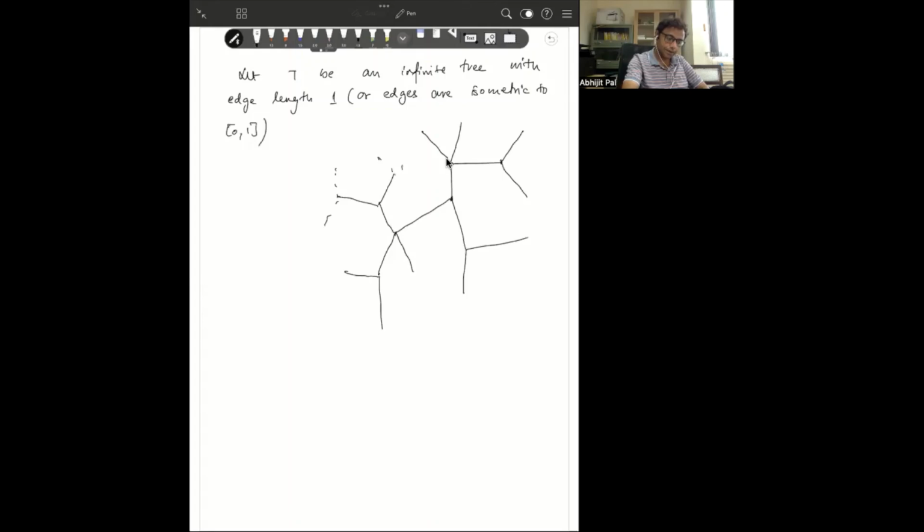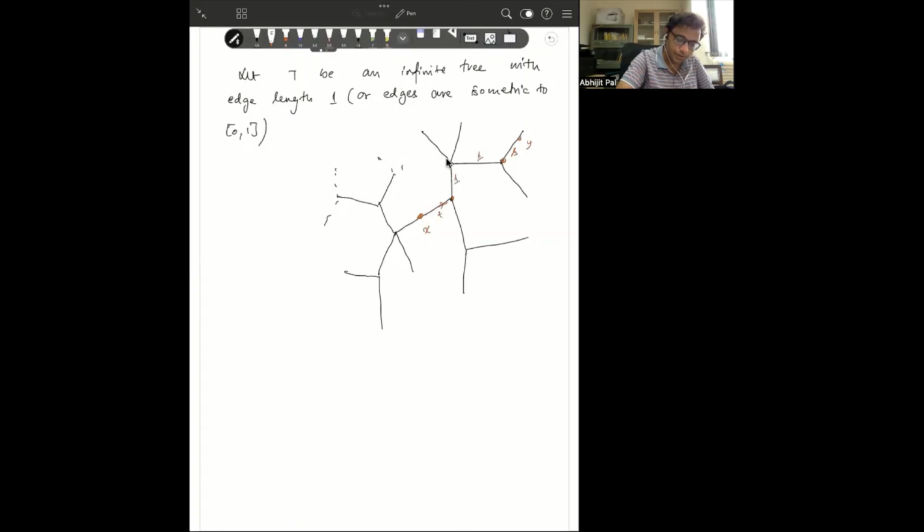For example, if I take these 2 points x and y, there will be a vertex very close to x, and this length will be some t. This length is 1, this length is 1, and from this vertex to this point will be some s. So the distance here will be t plus 1 plus s, right? So naturally it will be a metric space.